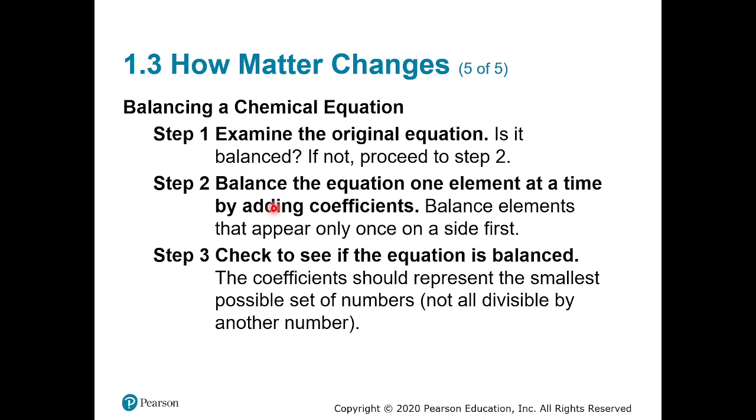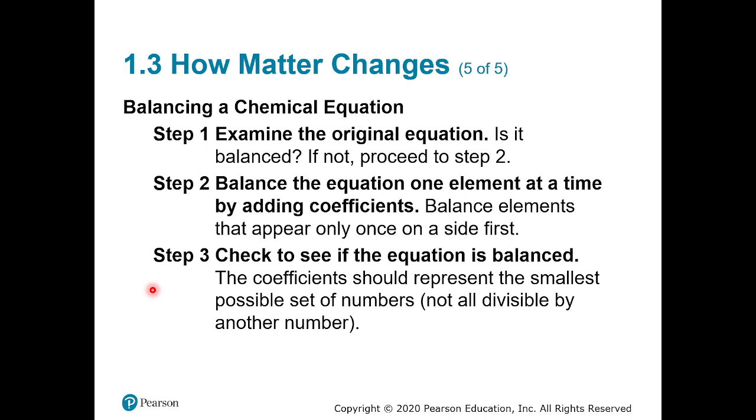Okay, so step 2 is going to be balancing the equation one element at a time by adding coefficients to them. You're going to balance the elements that appear once on a side first, because those are the ones that are extremely easy. Step 3, check to see if the equation is balanced. The coefficients should represent the smallest possible set of numbers.